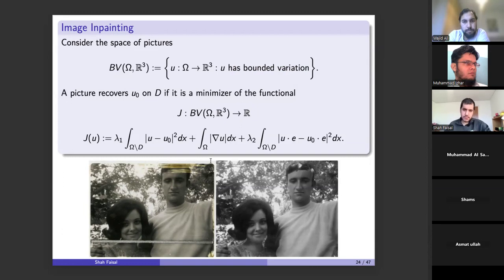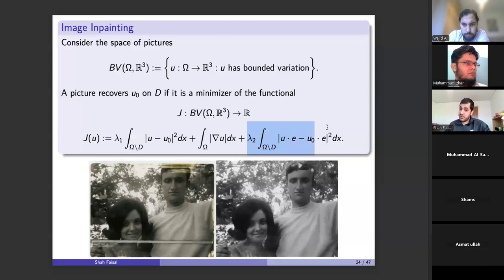Okay. Of course, you don't want the picture to change color quickly. For example, if this here is blue and then you move a little bit into the damaged area and suddenly it becomes red, that's something you don't want. You want the color to extend smoothly into the damaged area from the neighborhood. So you want to minimize this term as well.